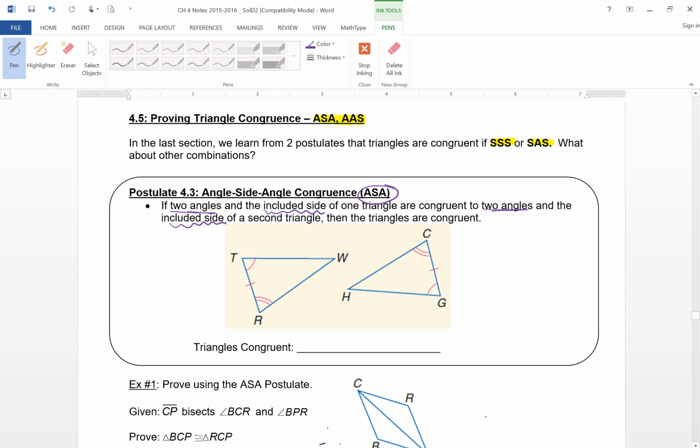So basically, what does included side mean? If I have an angle here and an angle here, then the included side is the one that connects the two congruent angles. Okay? So included side.